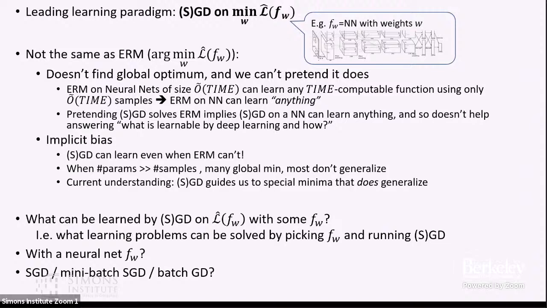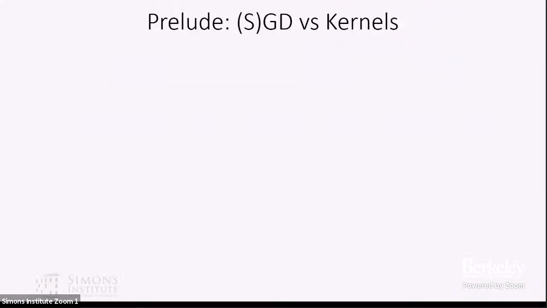But just as a prelude, this is also what led us to ask these questions about what's learnable with gradient descent. Why is it useful to even ask what type of problems are learnable using some model? One question that we asked, and many others asked, is what's learnable with gradient descent on a neural net that's not learnable using a kernel. This is a very natural question, asking about the kind of learning power.